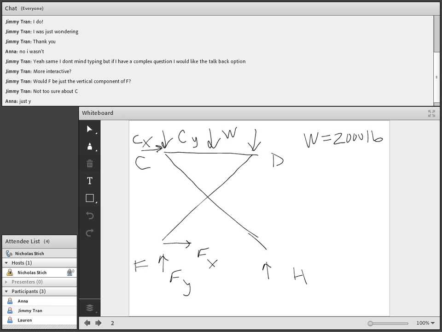Sum of the moments about, let's choose point F. And we have W. We'll say that W creates a positive moment, and it is 57 inches away from point F. And then what about H? H is going to create a negative moment, and it is 114 inches away. And our moments sum to 0 because we're at equilibrium.